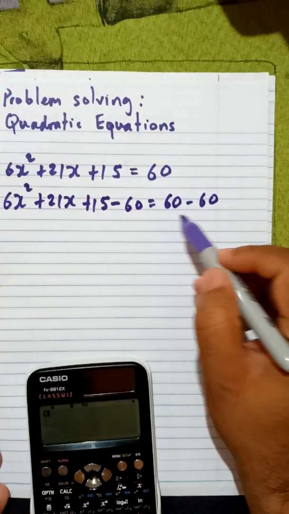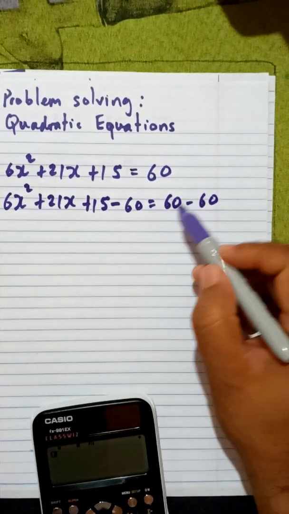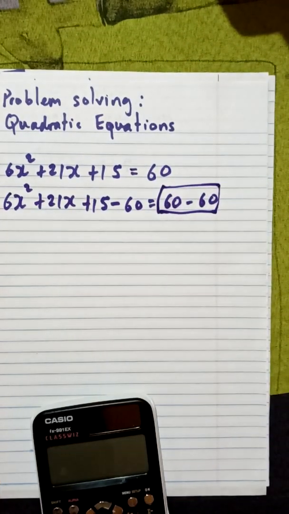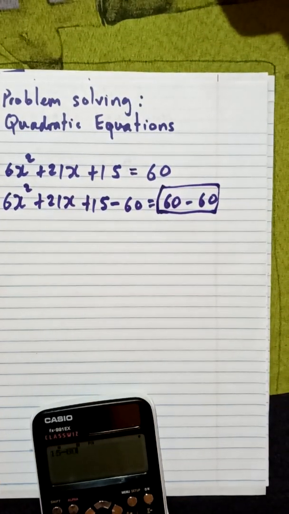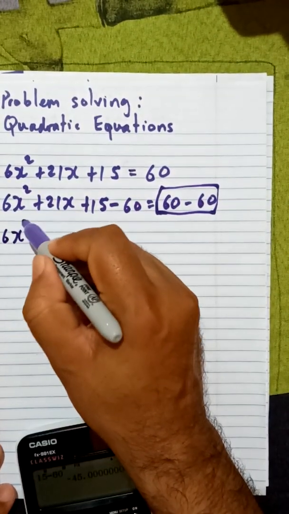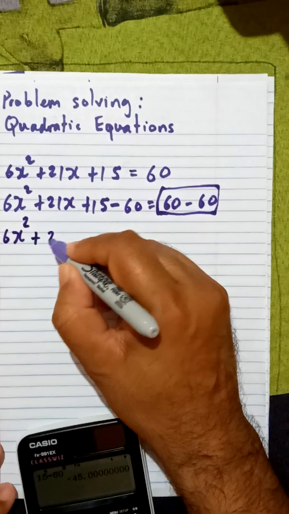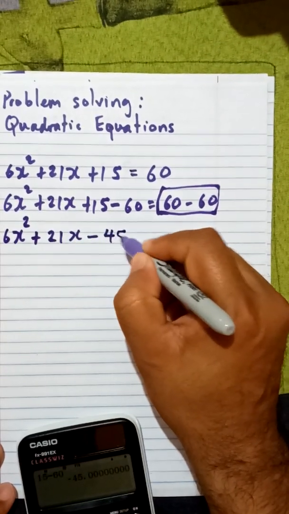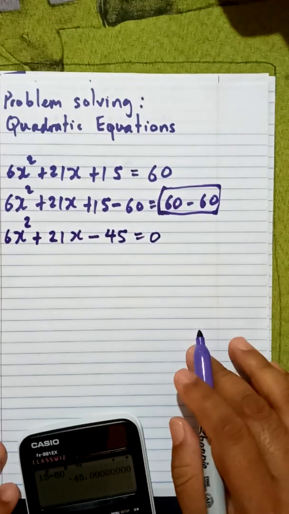Now 60 take away 60 is what? Is 0, not true? And 15 take away 60 is minus 45. So what we have here is 6x squared plus 21x take away 45 equals 0.